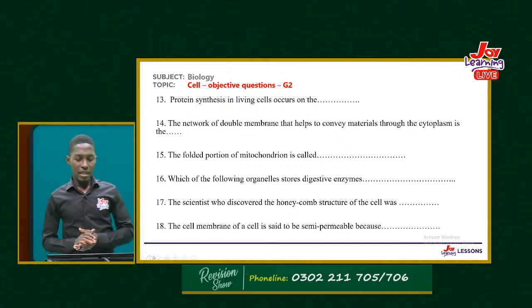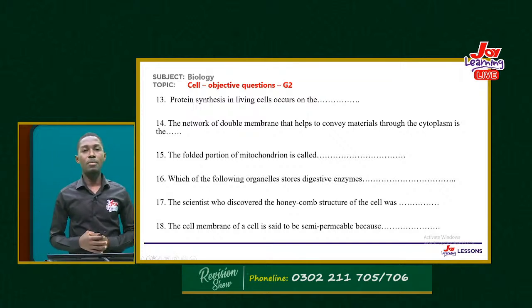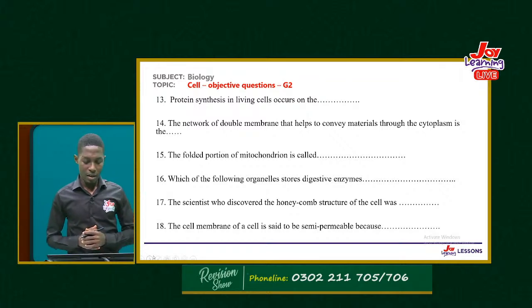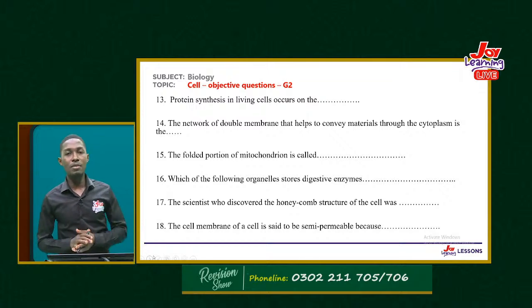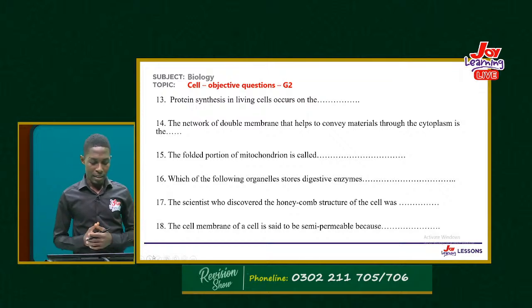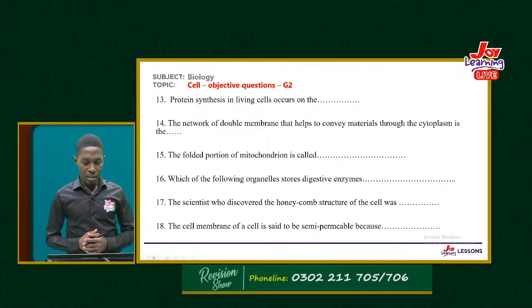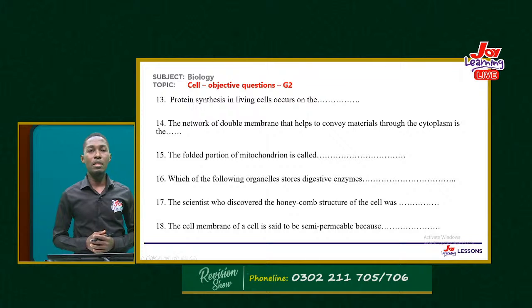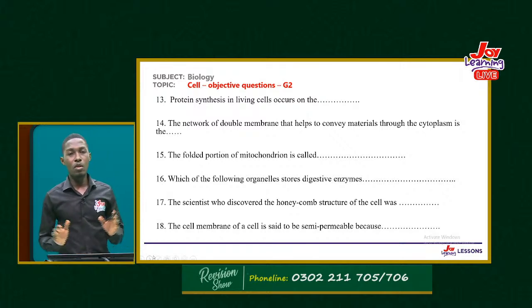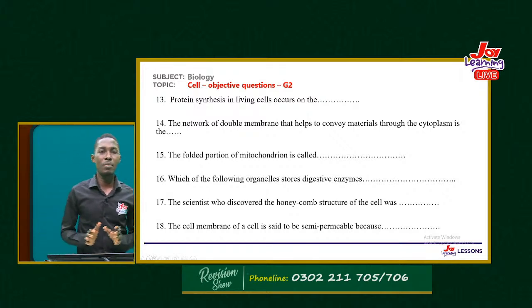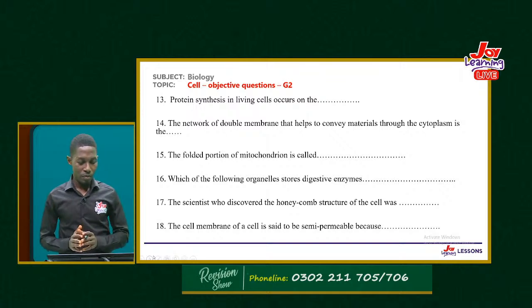The mitochondria has an unfolded portion. What is it called? Which of the organelles in our cells store some digestive enzymes for digestive functions? The scientist who discovered the honeycomb structure of the cell was who? And the cell membrane of a cell is said to be semi-permeable because of what? Why do we say a cell membrane is semi-permeable?